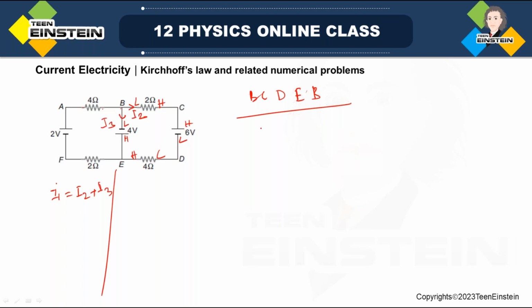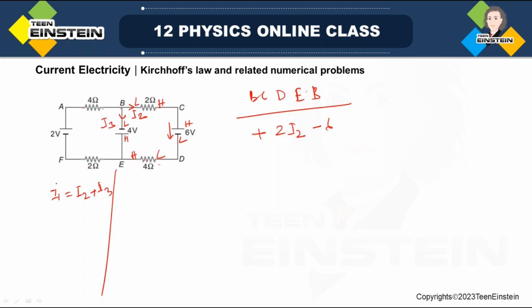I start from B, so current will be, here I'm going low to high, so it will be positive 2I2. Here this battery, we're going high to low, 6.